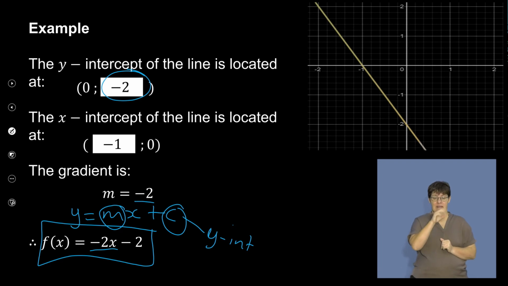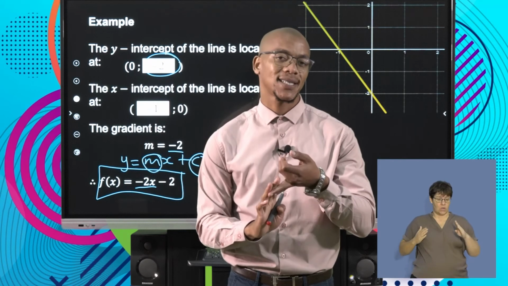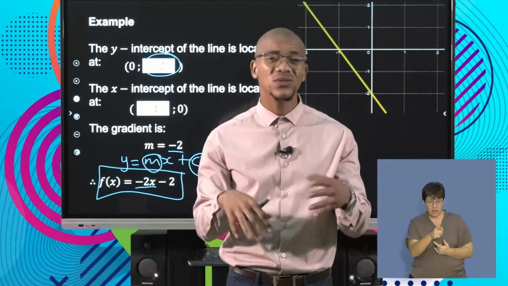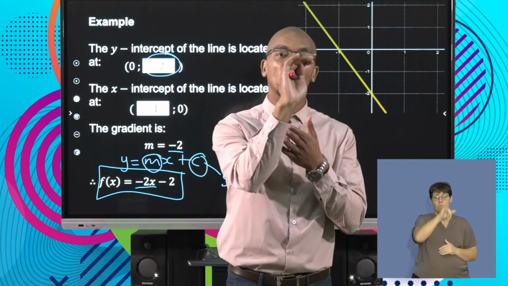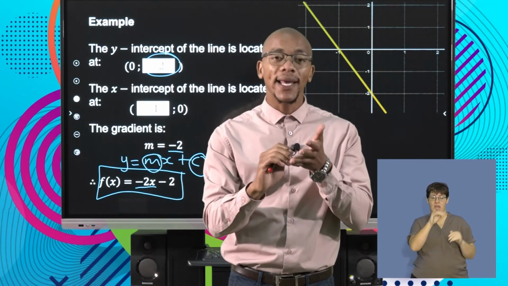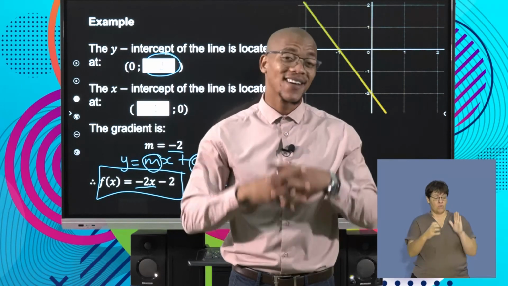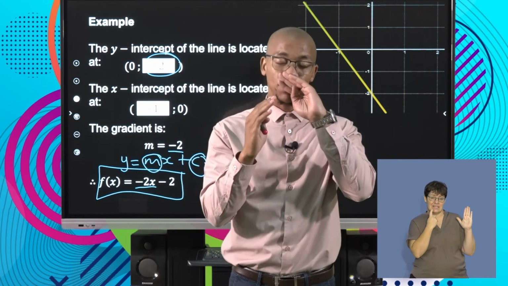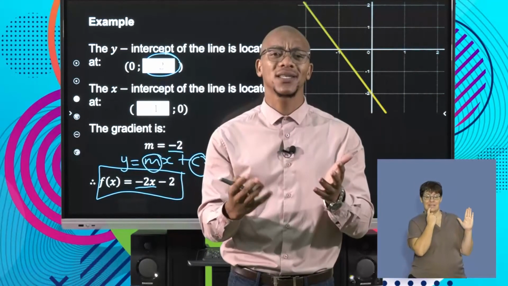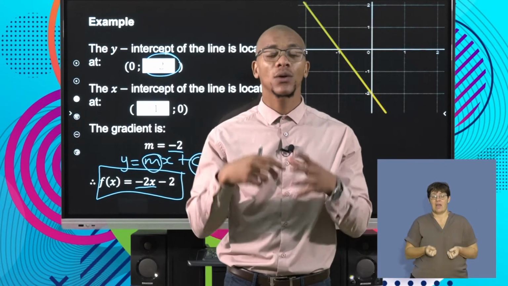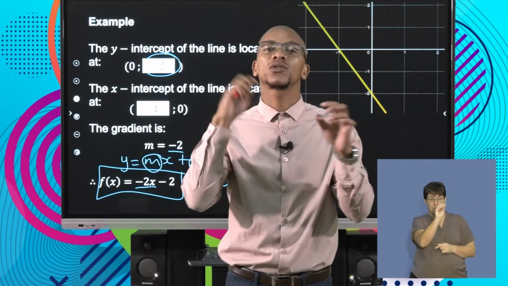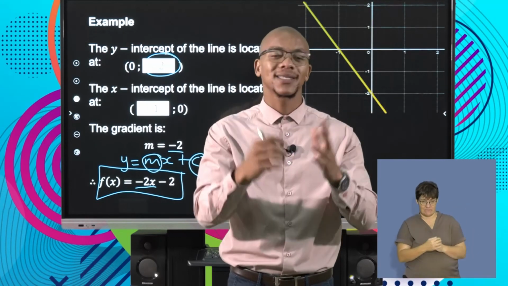So with a linear graph, what is important? The gradient and the y-intercept. Do we know how to calculate those? Yes. Gradient is change in y over change in x. Y-intercept, you let x be 0, and then you start calculating. On a graph, it's easier for you to see them, but in terms of calculating, whenever I've given you an equation, you just plug in the 0 there and start calculating.